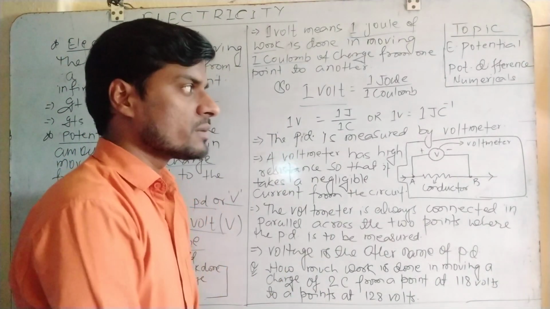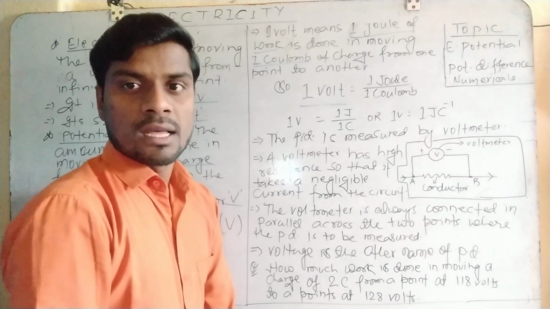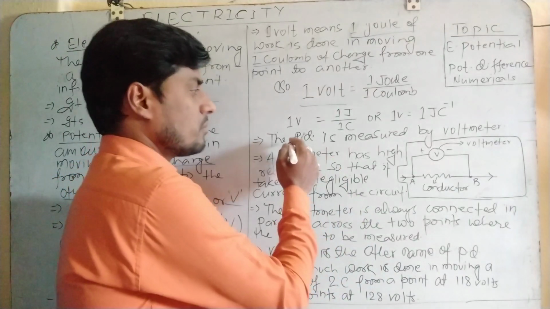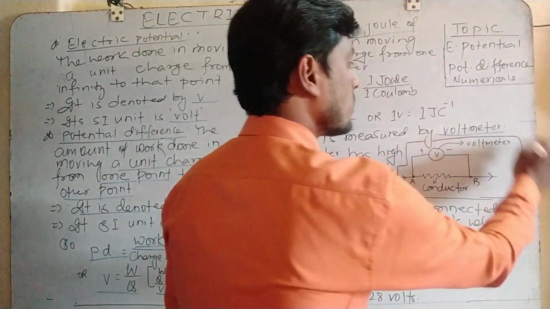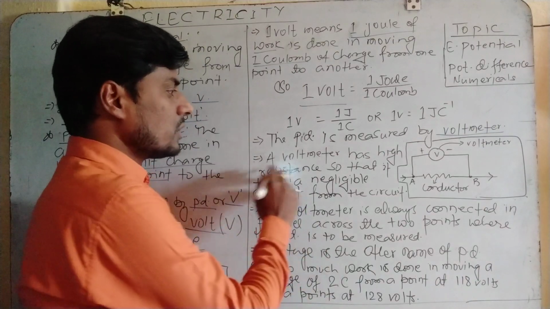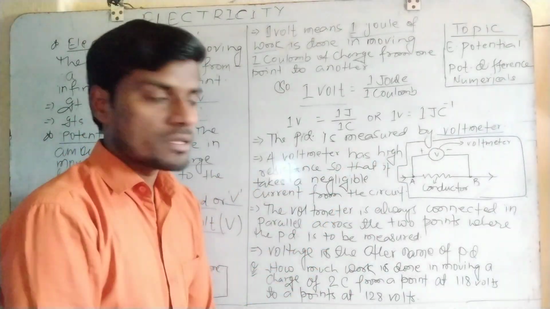Potential difference is measured by an instrument that is called voltmeter. And voltmeter has high resistance.